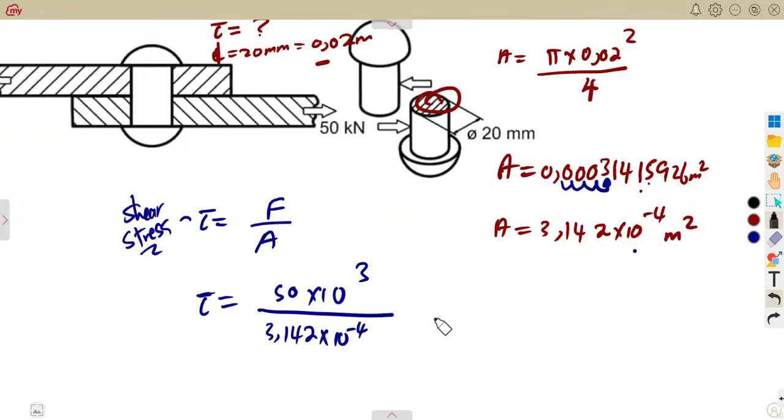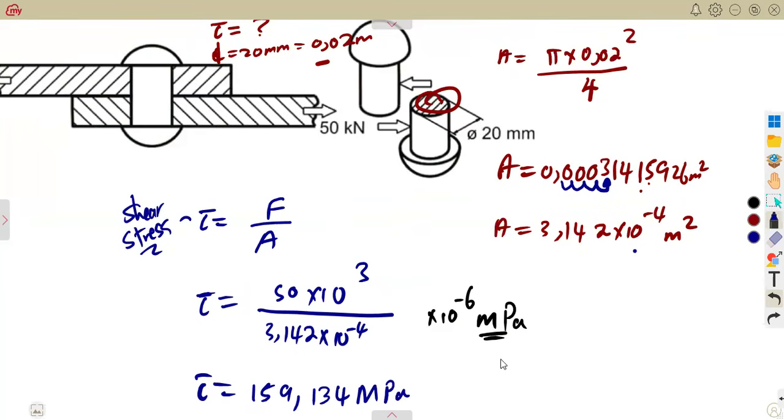So just do yourself a favor, multiply this by 10 to the exponent of -6. Your answer is in megapascal. So that's it. Our tau in this case was going to be 159.134. This is what you're going to get on your calculator. That answer automatically is in megapascal.